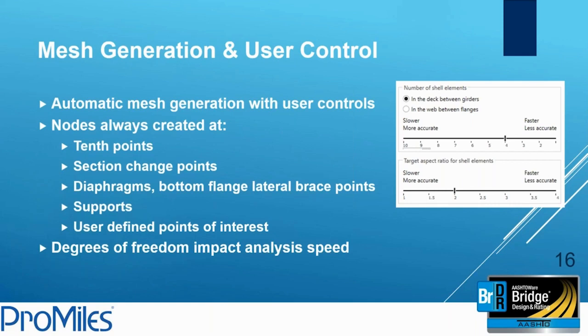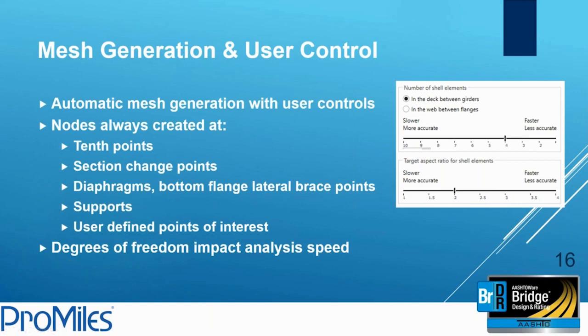As you can see from the slide, it says nodes are always created at 10th points, section change points, diaphragm and bottom flange lateral brace points, supports, and user-defined points of interest. The node creation is also dependent on what you enter on the snapshot of an input that is shown on the right hand side.